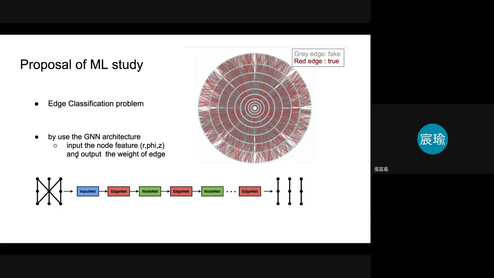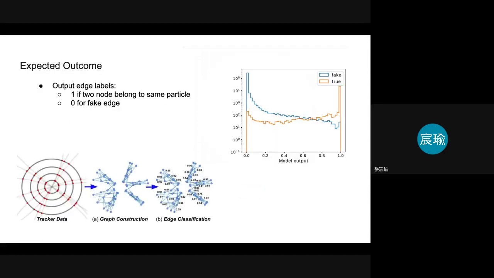We expect to output the weight of each edge. By labeling the output edges, we expect to see a result like this figure. Then we can construct the truth edges.